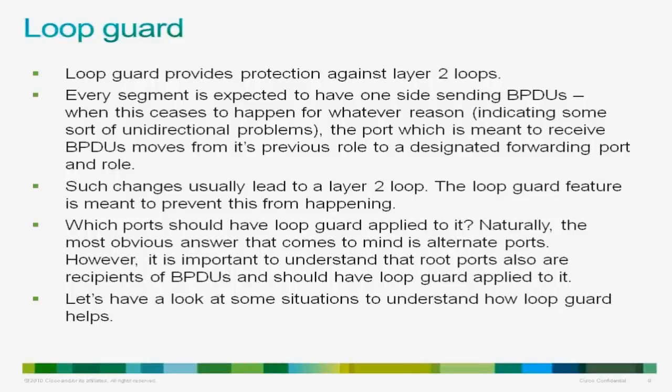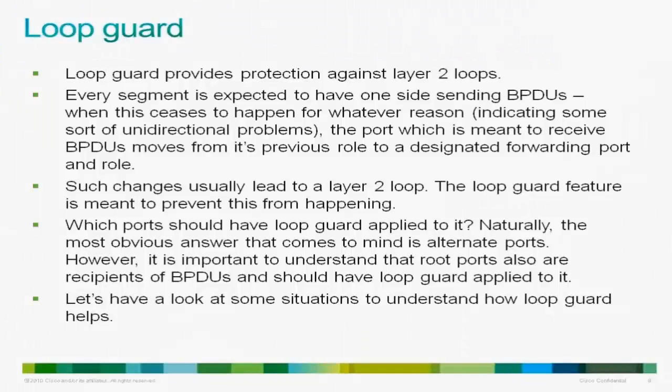The main intention behind that is, if under certain conditions your layer 2 switched topology might go into a loop and you might have a broadcast storm and all of that, loop guard is intended to prevent that from happening by shutting down the interface which might lead to the loop.